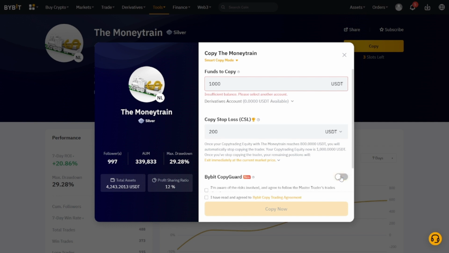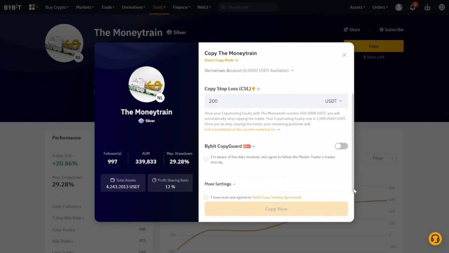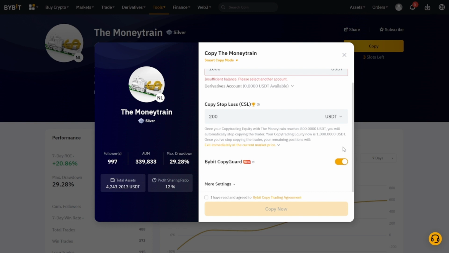And over here you have the option to manage the risks, because following this guy, you could enter a trade and buy at the wrong price. So this is only going to give you a good price once this guy trades.